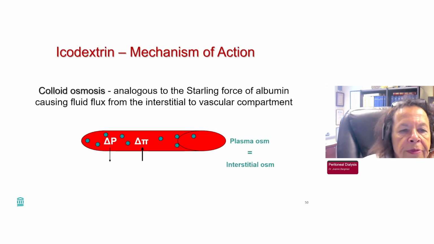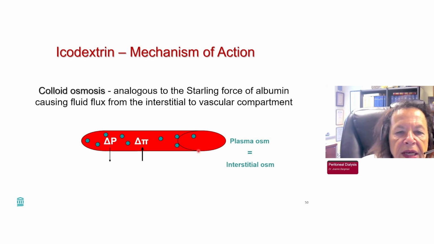Now, you should know about icodextrin. It doesn't work by regular osmosis, it works by colloid osmosis. And the way I think about this is, imagine a blood vessel as a way to explain Starling forces.